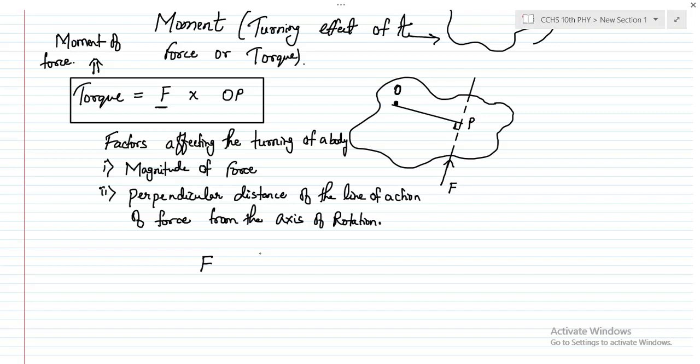So if you apply force at the maximum perpendicular distance, you require the least force. If you get closer to the pivoted point and try to bring out the same turning effect, you require a larger force. To overcome this problem, the objects are made such that human effort can be reduced.